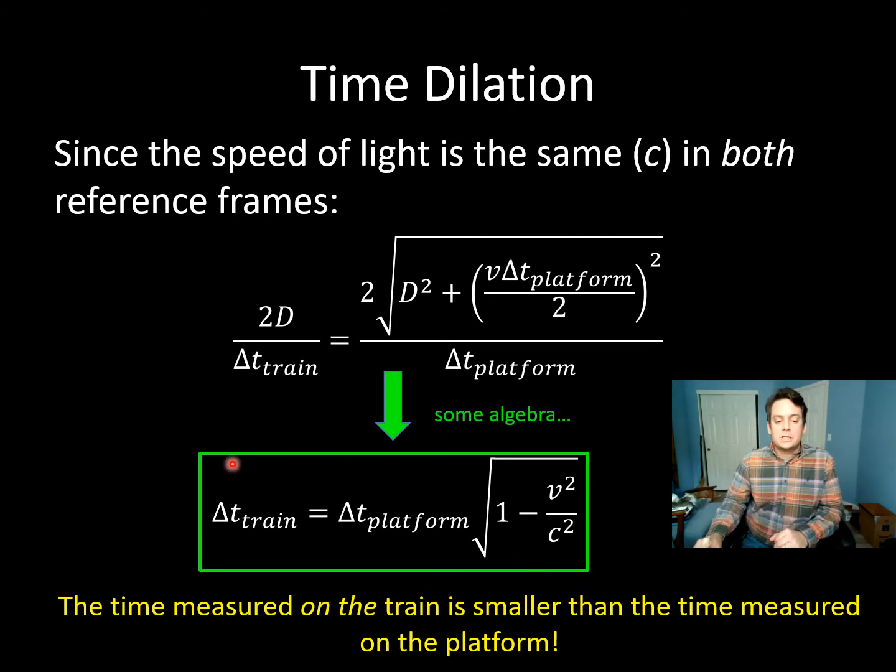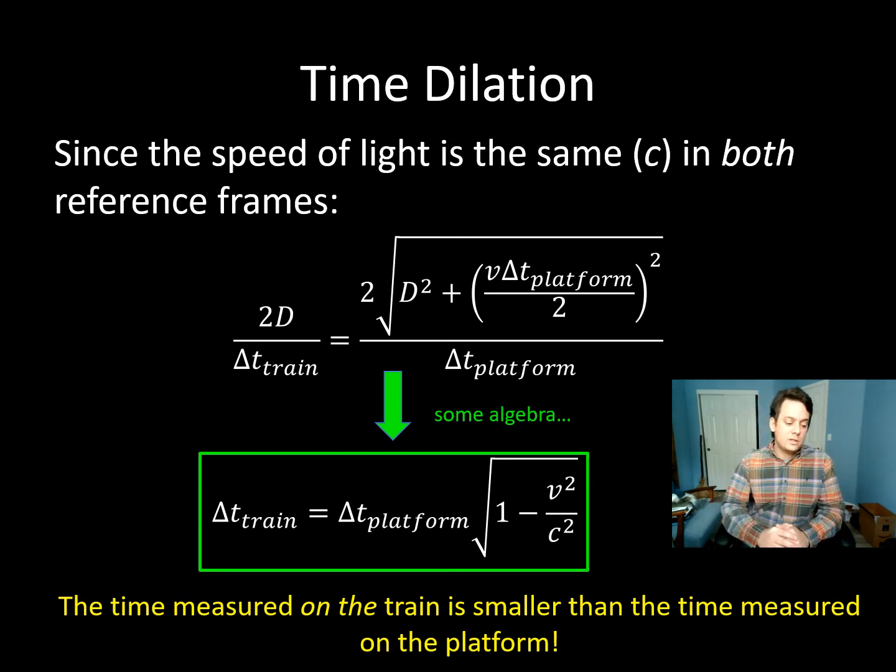The upshot is that for any non-zero speed of the train, as long as the train is moving, the time as measured on the train will be smaller than the time measured on the platform. So if you've got one guy with a watch on the train and another guy with a watch on the platform, the time measured on the train will be less than the time measured on the platform.